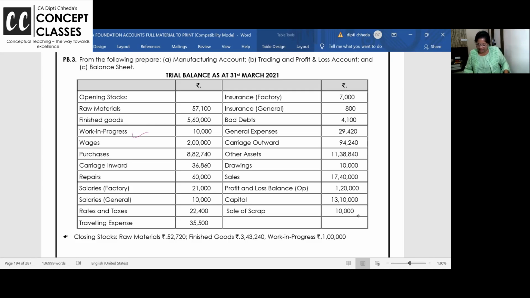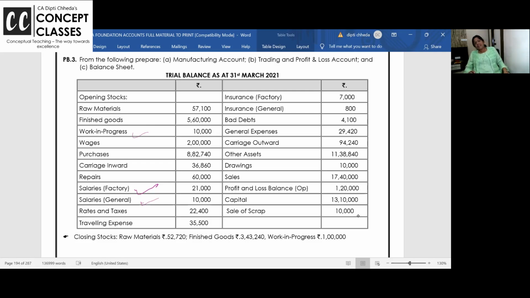So like this we have salaries, अगर related to factory है तो manufacturing account. General salaries है तो P&L account. Wages है तो generally we take it in the manufacturing account.